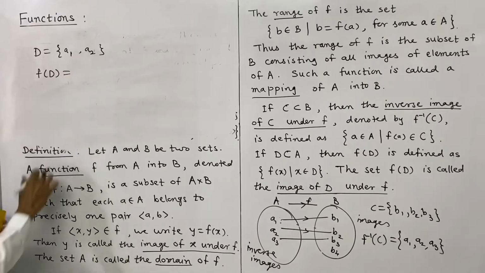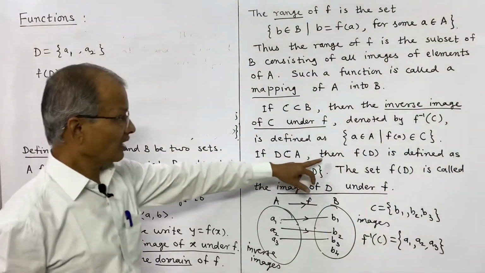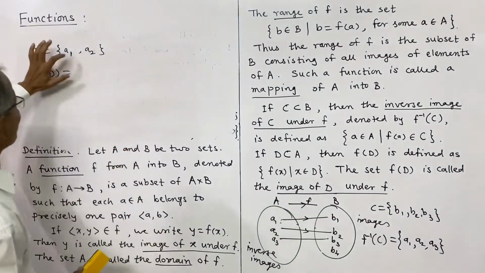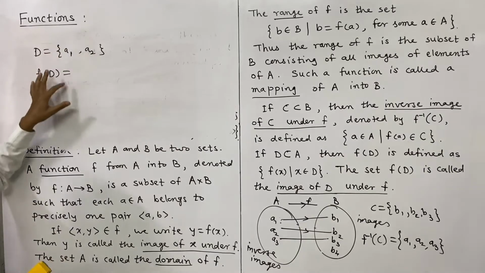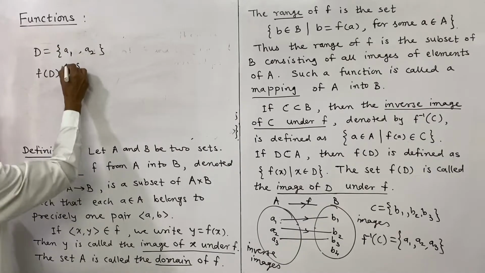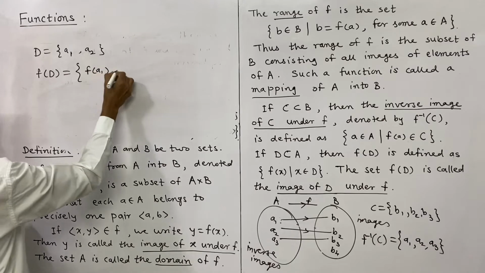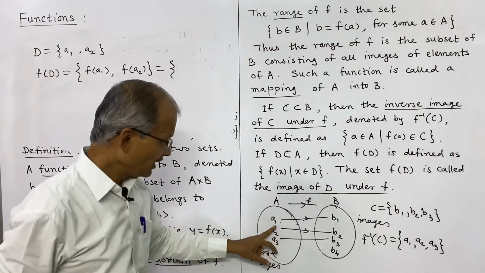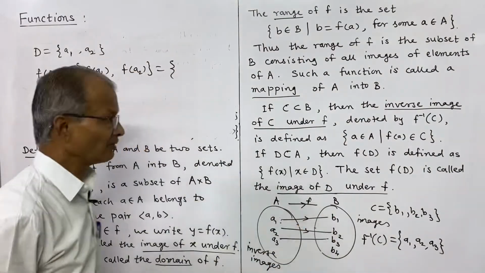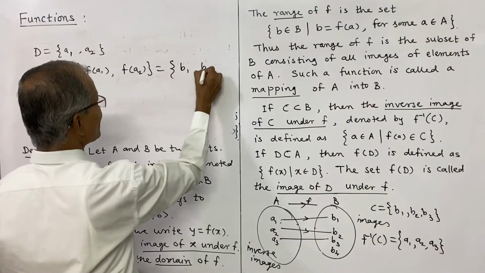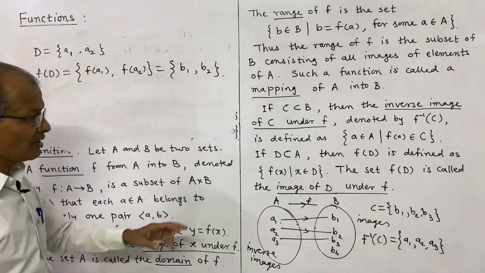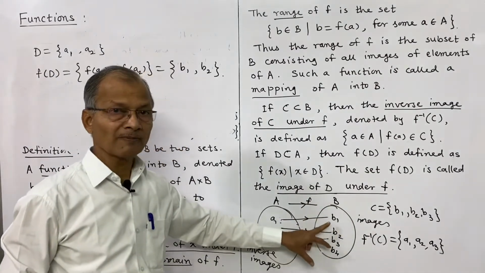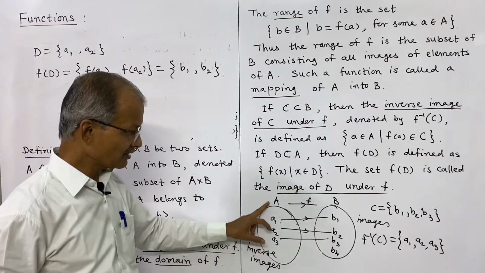That is the image set of this D. So f(D) is defined as {f(x) : x belongs to D}. That means the set of images of these elements will be f(D), and that will be actually f(a1), f(a2). But we can see f(a1) is b1, since a1 is related to b1. Therefore this will be the set {b1, b2}. So that is the meaning of image. This image set will be a subset of B, and the inverse image set will be a subset of A.